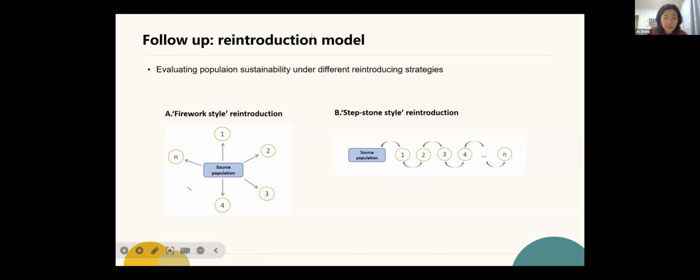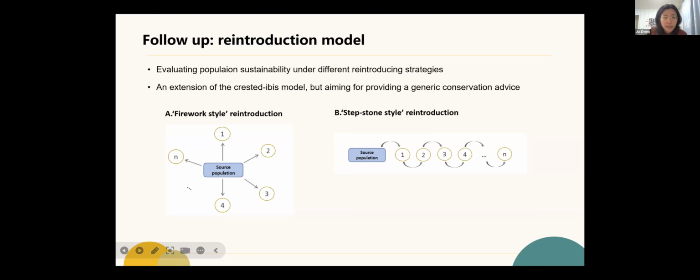The second reintroduction strategy is called stepping stone style reintroduction. Here, from the source population, we first reintroduce some individuals to the first population, and once it has recovered, we reintroduce again from this population to the second population, and from the second population to the third population, and so on. So it's more like a sequential reintroduction.